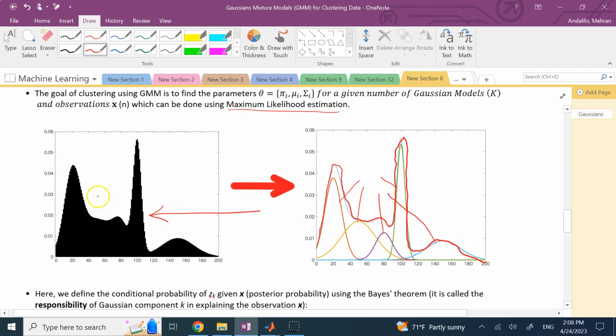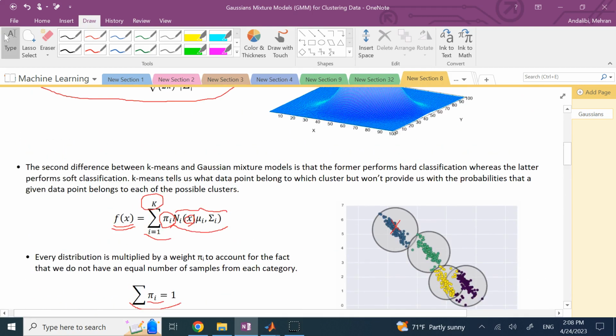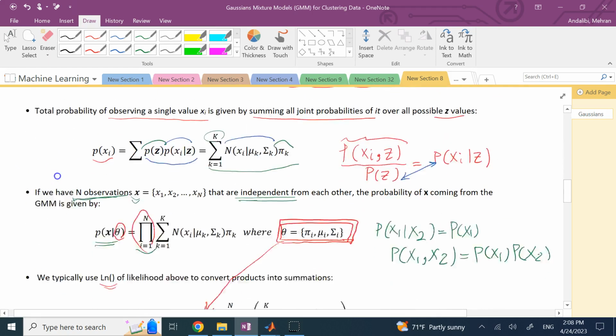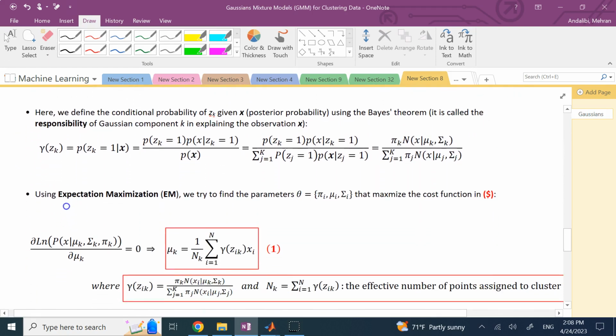So I want to break down my overall data into a linear combination of, as we said, some Gaussian functions. These are the coefficients of that linear combination, and these are your Gaussian distributions. And again, the unknowns are the pi's, the mu's, and the sigmas. Okay, so this is in general what we need to do.